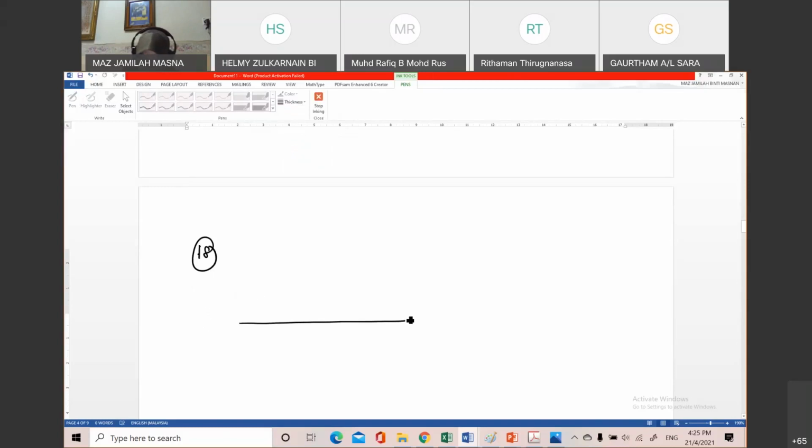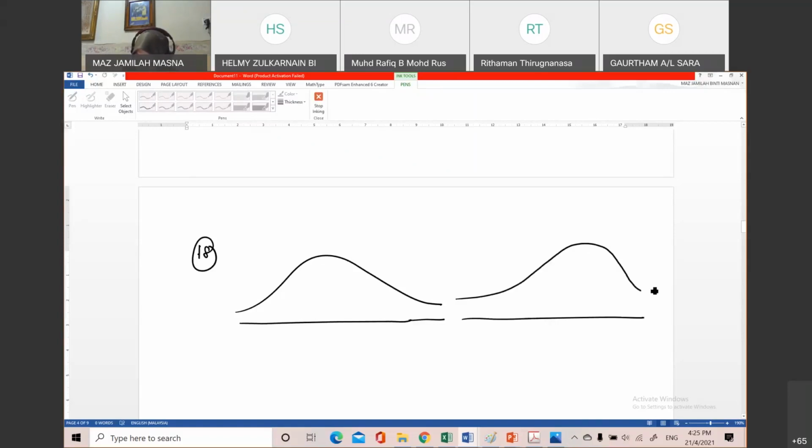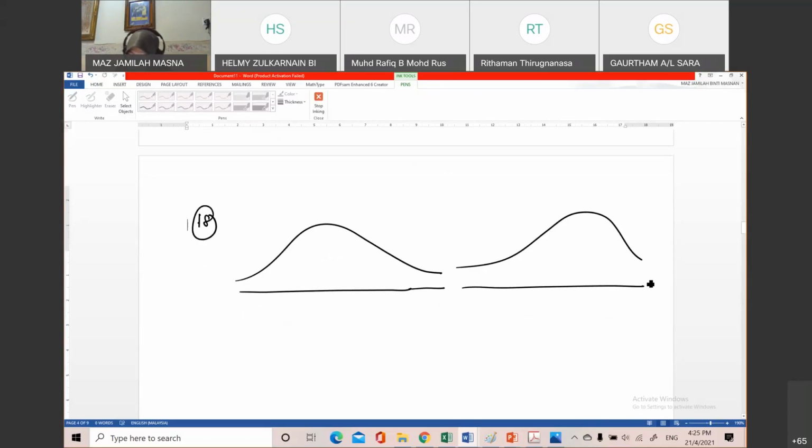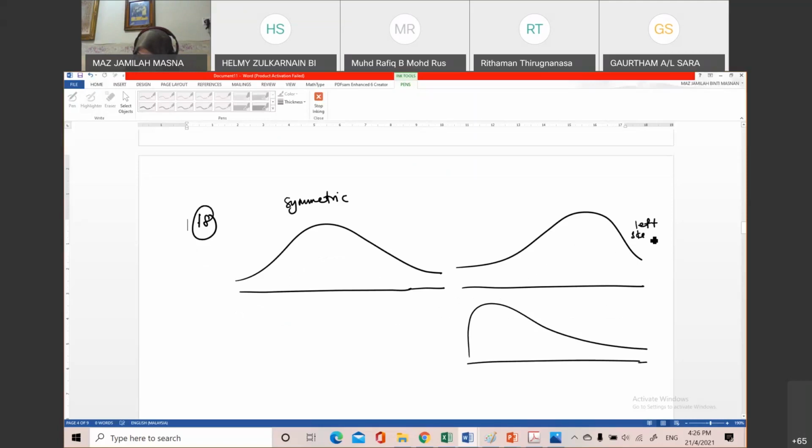Let's say you have your symmetric and you have your second one. Okay. Now this is symmetric. This is left skewed. This is right skewed.